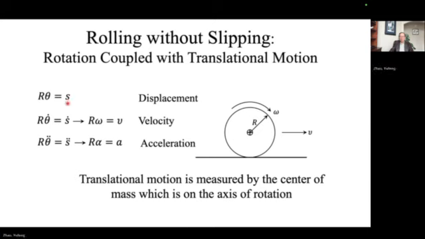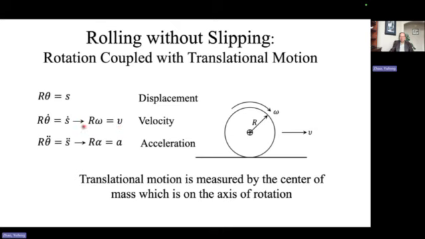So if we take the first-order derivative over time, we get the equation R multiplied by the angular velocity, omega, which is the first-order derivative of theta, equals the translational or linear velocity.